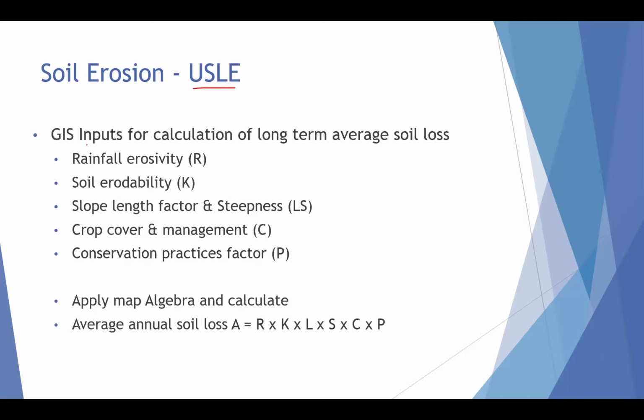But let us look into the basic equation. This basic equation requires inputs like rainfall erosivity, soil erodibility, and the LS factor, that is slope length and steepness. These two things go together. Then the crop cover management factor and the conservation practices factor. So basically, soil erosion is a function of rainfall erosivity.